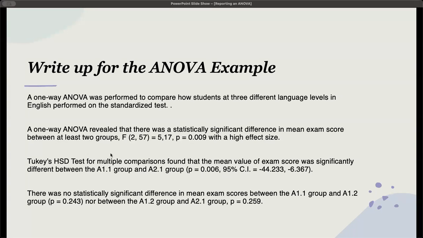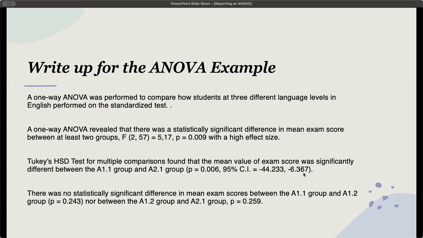Then we're going to look at the Tukey test. So the Tukey HSD test for multiple comparisons found that the mean value of the exam score was significantly different between the A1.1 group and the A2.1 group, p = 0.006, at a 95% CI (CI stands for confidence interval) = -44.233, -6.367.